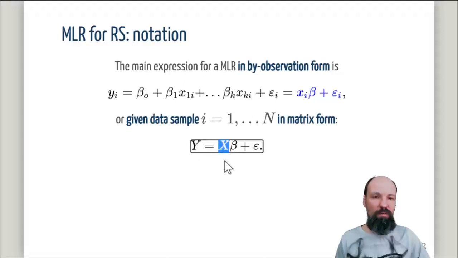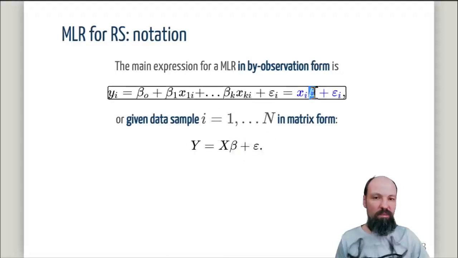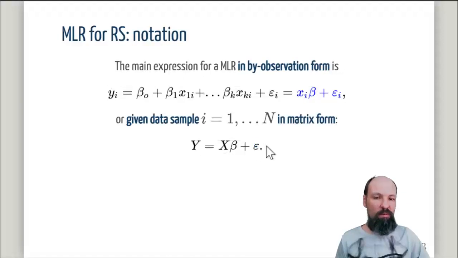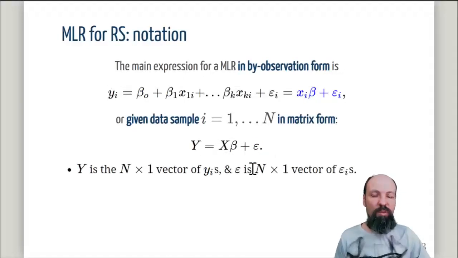Then the matrix of the right-hand side variables, the same vector of the coefficients as in the by-observation form, common for all the observations, and the vector of error terms. This is very familiar to you. Maybe you used another form of writing it down with some transpositions, such as x transposed and the beta on the other side, depending on whether beta is column or row, but essentially it's exactly the same.